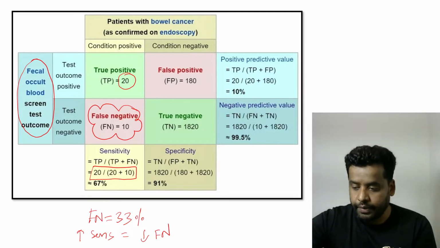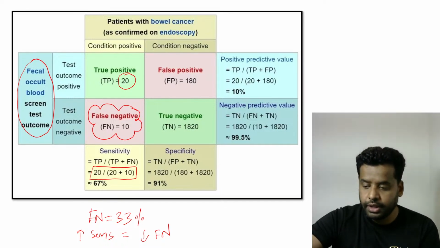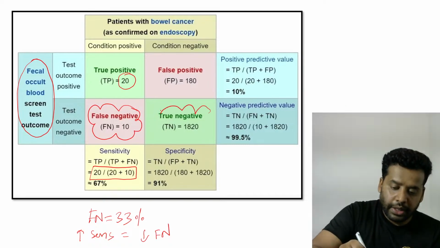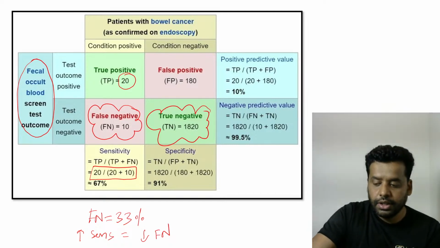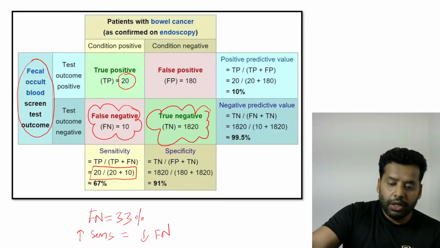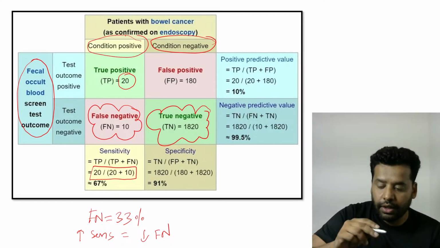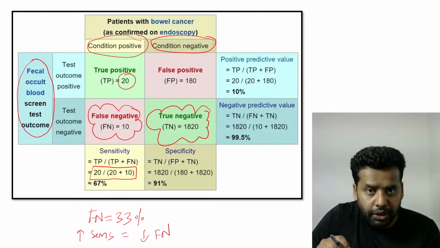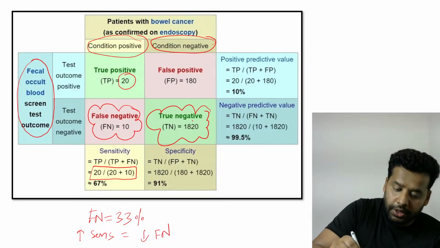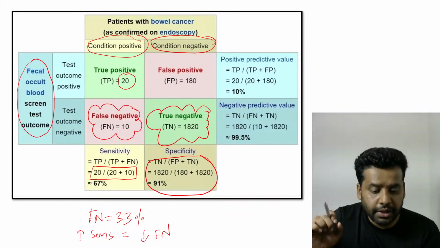Now come to specificity. Read the table. Good. What is specificity of a test? Specificity of a test is the ability of a test to detect true negatives. So out of total normal healthy individuals, how many are detected as normal? That is true negatives. The percentage of true negatives is 91%.